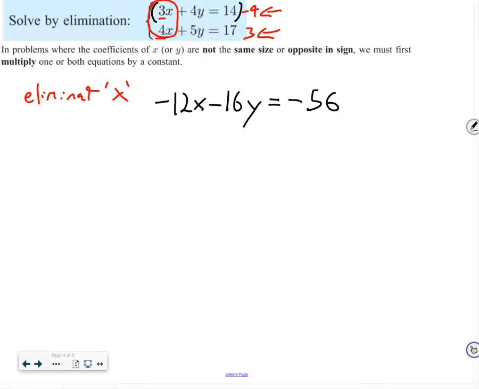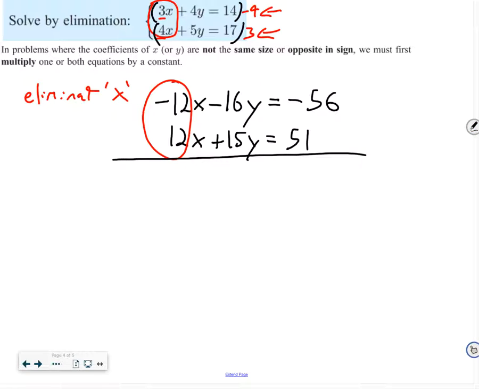Okay, so now I'm going to multiply 3 across to the second equation, and I get 12x plus 15y equals 30 plus 21 is 51. Okay, so notice now by doing that, I've not changed the equations, but I've just got it so that when I add these, my x's will be eliminated because we have opposites there.